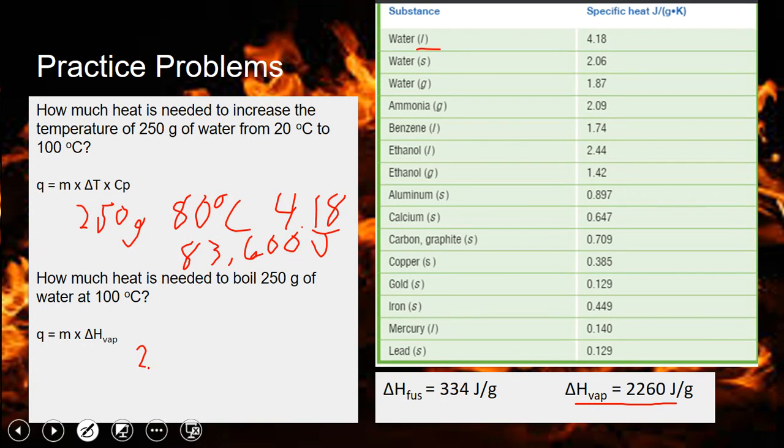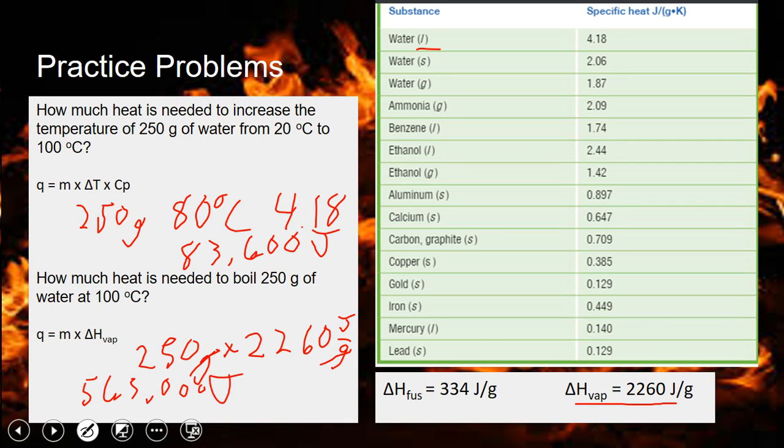So 250 grams times 2260 joules per gram will give you how many joules it takes to boil water. The point of these questions is basically which area of the graph are you using, and then you use that equation. That's going to be 565,000 joules for that to happen.